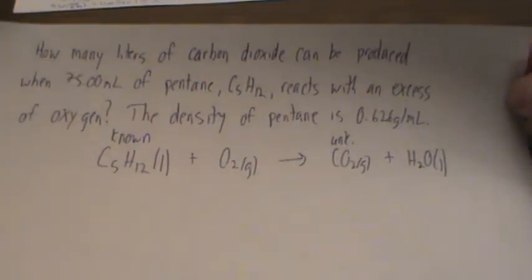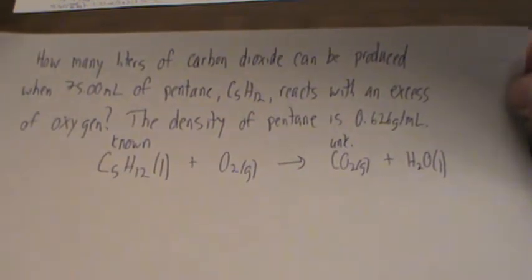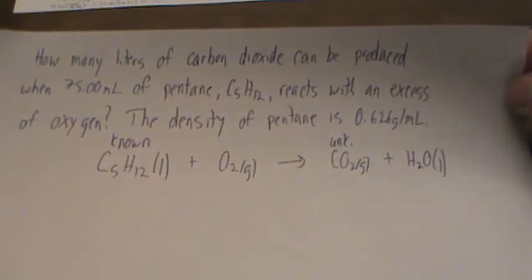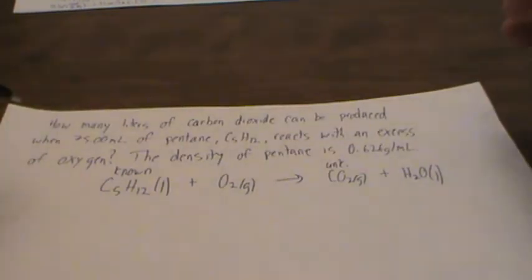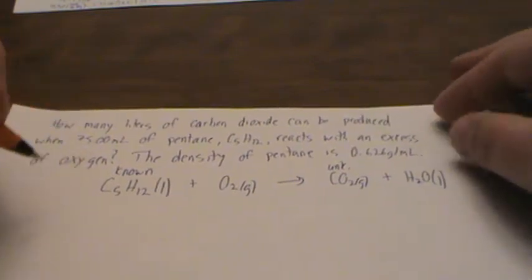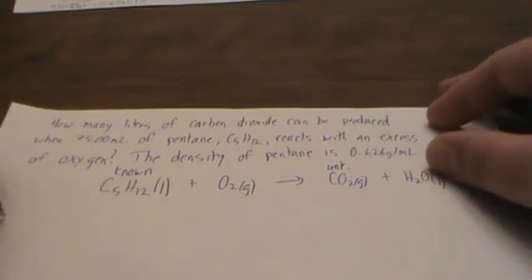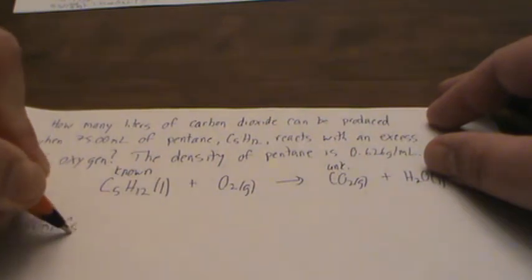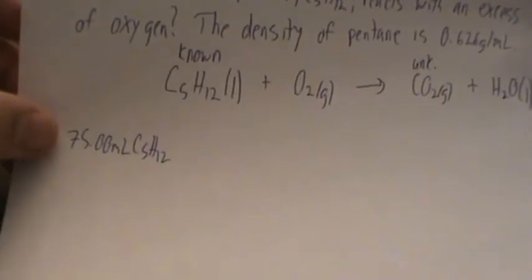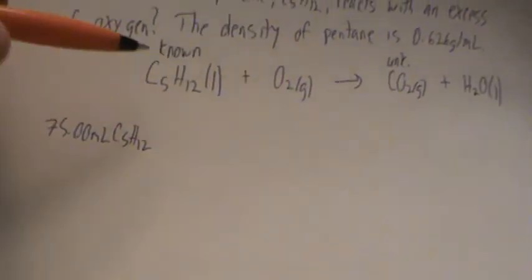Now with this, we're going to have one extra step that we have to do at the beginning. We still follow along with our flow chart that we had in our notes in the first video. We still start with the amount of known, and this time around, it's just a volume of a liquid. So we still start with 75 milliliters of pentane.